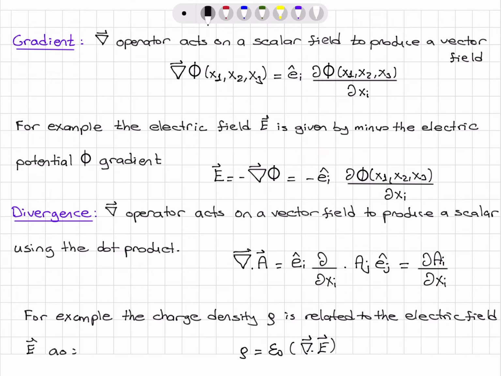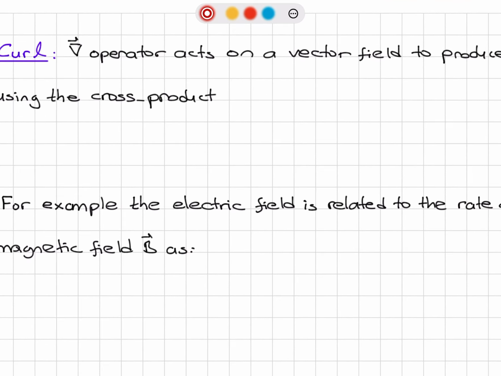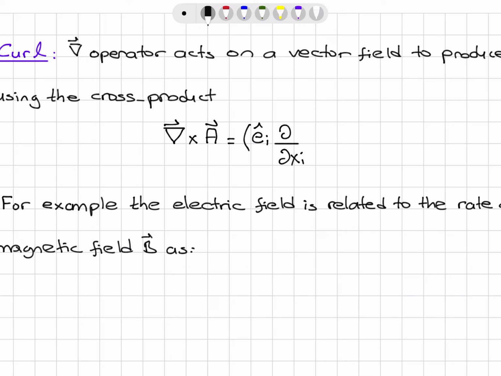On the other hand, the del operator can act on a vector field to produce a vector using the cross product. So the del operator curl with vector A is going to be ei hat del xi, that's our del operator, cross product with vector A, Aj ej hat.